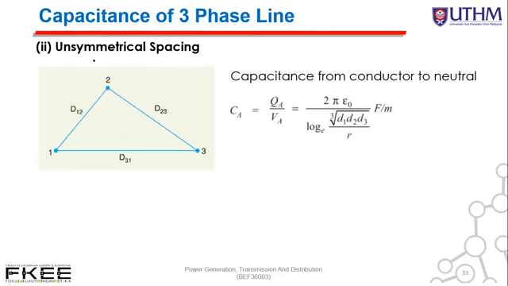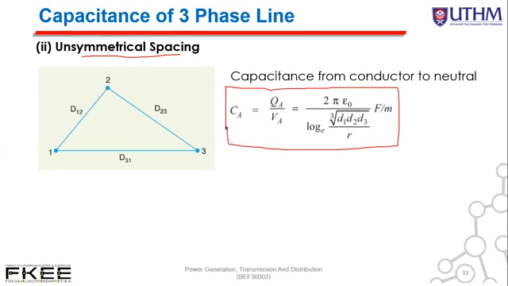For the case of unsymmetrical spacing, the capacitance can be calculated as CA equal to QA divided by VA, which is equal to 2 pi epsilon naught divided by log of the cube root of D1 D2 D3 over r. This is the equivalent distance between the unsymmetrical spacing.